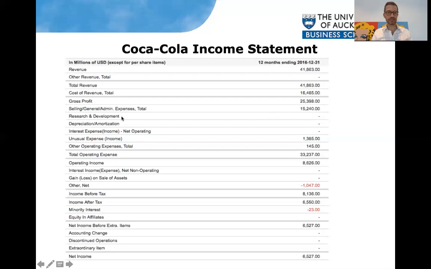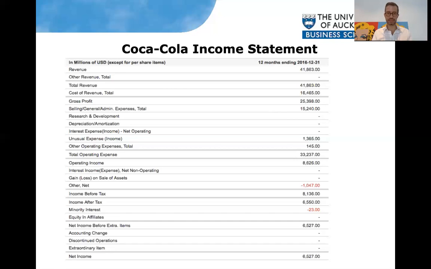In this case, Coca-Cola doesn't disclose research and development, but usually you also have research and development costs, as well as depreciation and amortization. These costs are not disclosed by Coca-Cola, but most companies do disclose them. This is also a simplified version of the income statement.